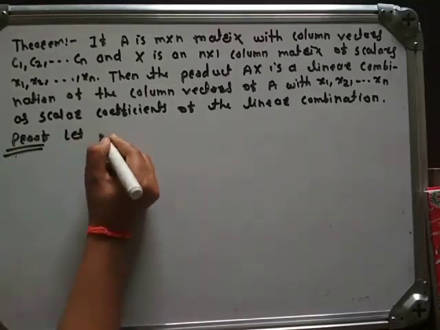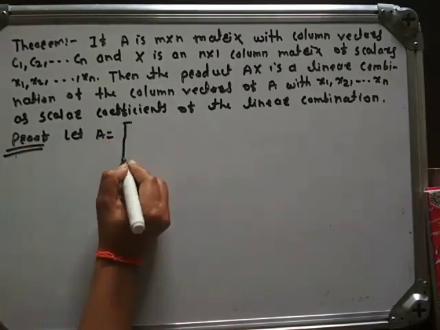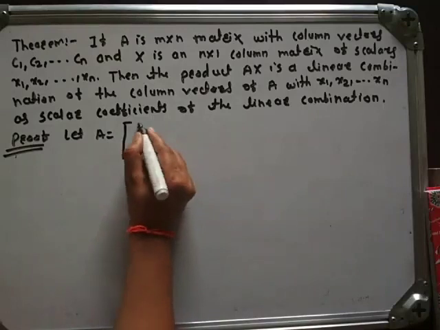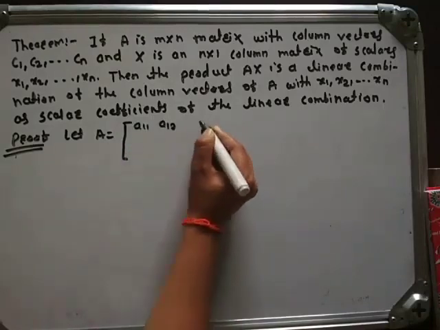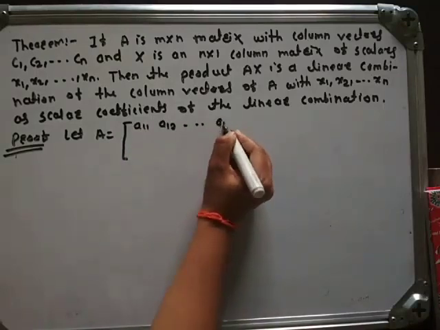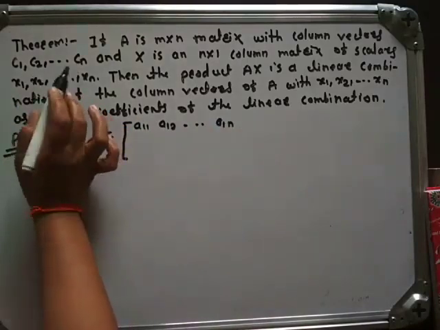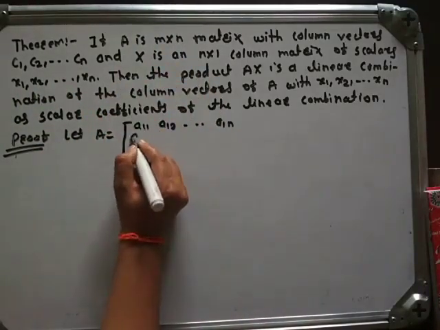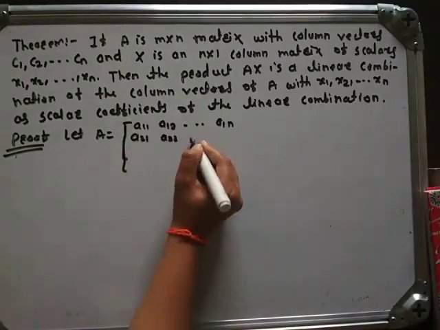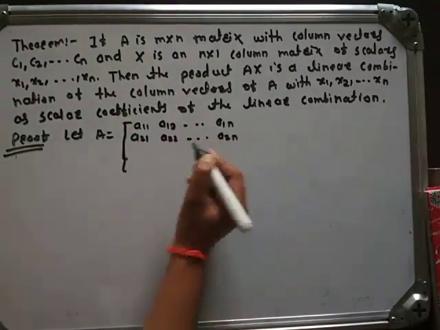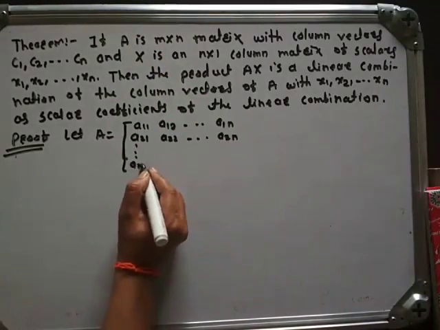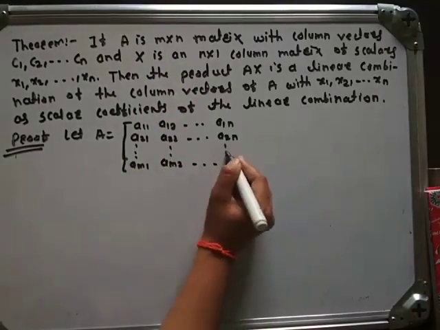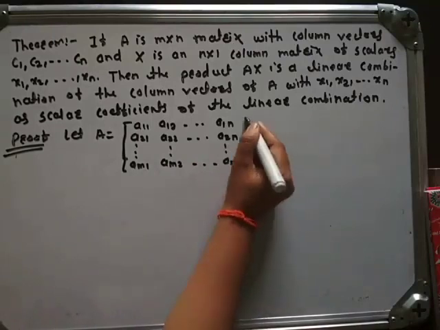Let A be the matrix with rows A11, A12 and so on up to A1n, next A21, A22 and so on up to A2n, and so on up to Am1, Am2 and so on up to Amn.